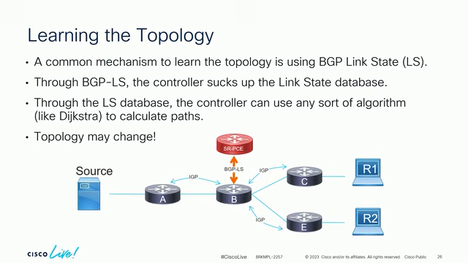So learning the topology, like I said, we'll be using the BGP link state protocol or address family, which basically has the ability to extract the entire link state topology information from the underlying IGP, irrespective of the protocol. So using this, the SR PCE will have the entire link state information.